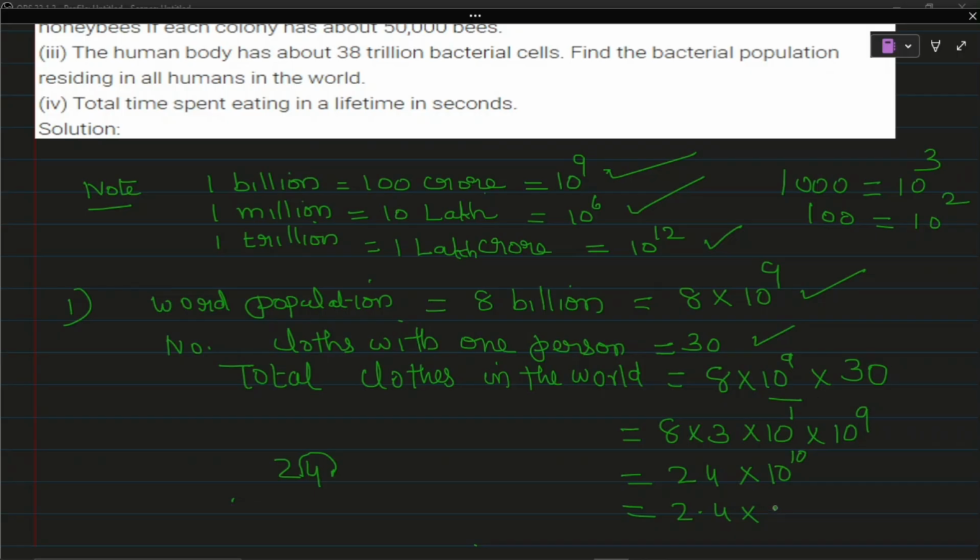The second part is a power of 10. Here we are moving 1 place left, so the power becomes positive 1. We are moving left, so the power is positive. Then we can write 2.4 multiplied with 10 raised to 1, multiplied with 10 raised to 10, that is 10 raised to 11.